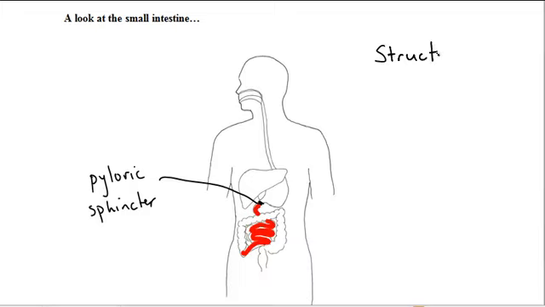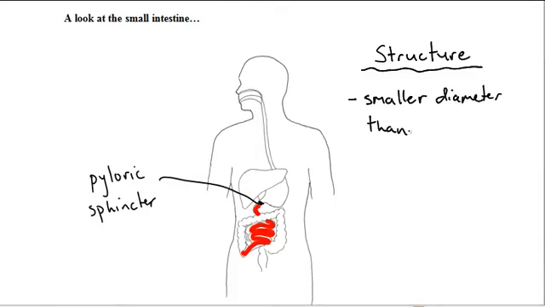Now it's very long, so it's not called the small intestine in reference to its length, but rather in reference to its diameter. So compared to the large intestine, it has a smaller diameter than large intestine.